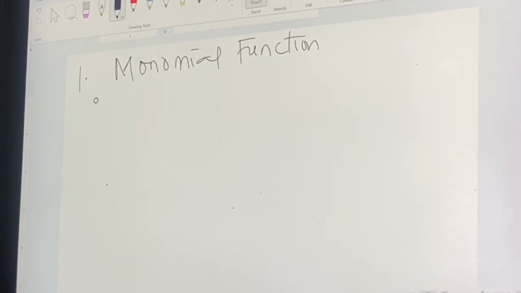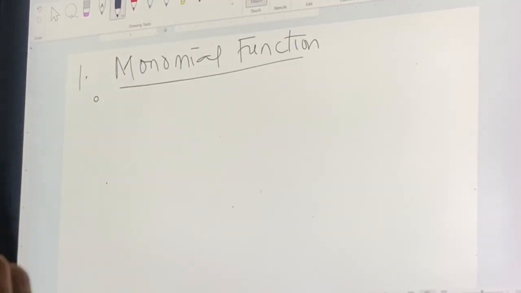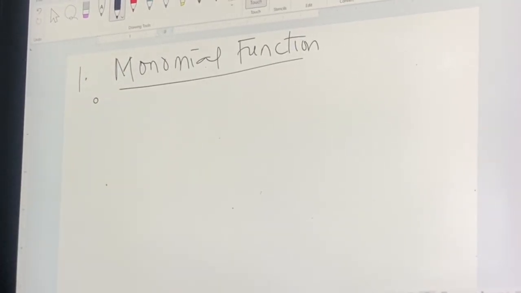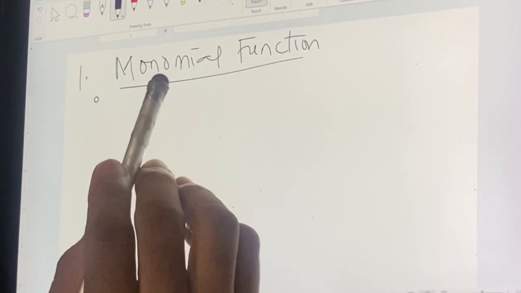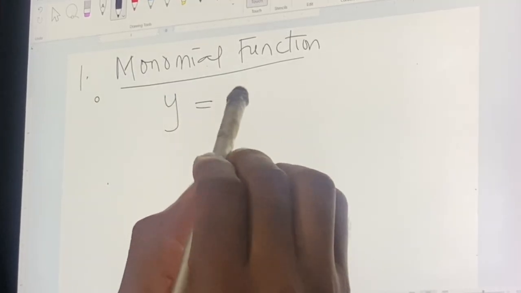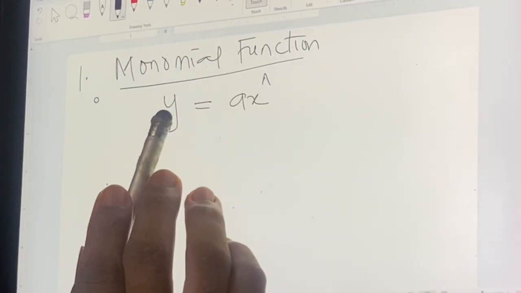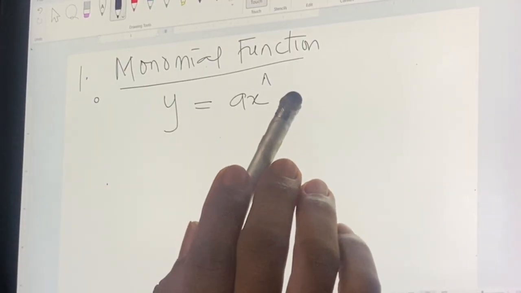Please, differentiation is very simple. Now let's know what a monomial function is. The word mono means one. So if I have an equation written in this form, y is equal to a s raised to the power of n, class, this particular expression is a monomial function. Why?